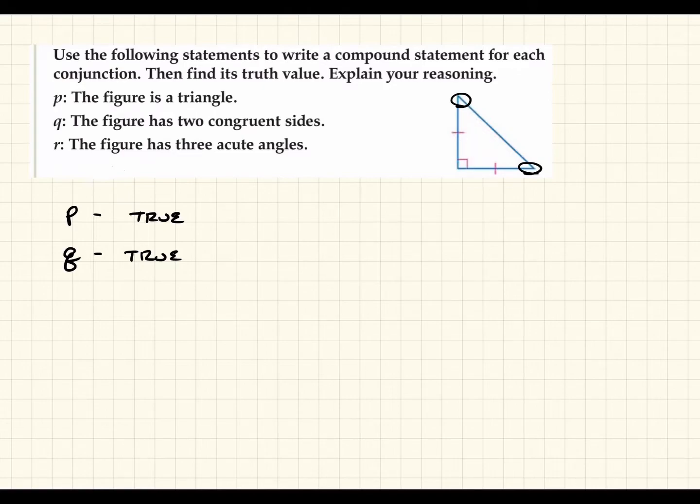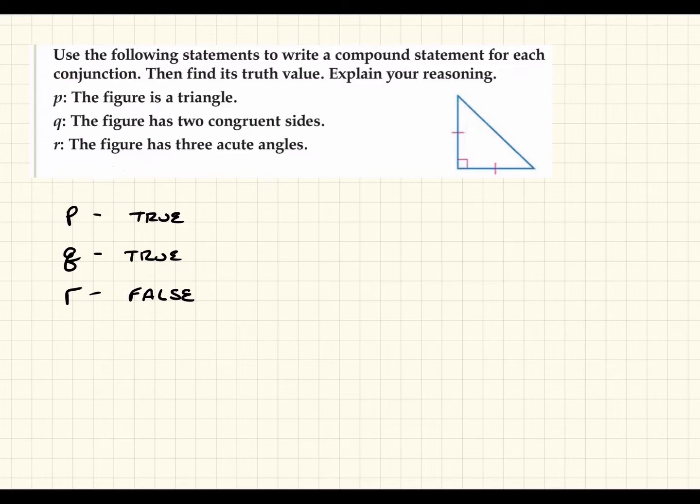So statement R is false. We can mark that. Everybody good so far? Nothing out of the realm here, no holy cow, what's he talking about. All we know is that statement P is true, statement Q is true, statement R is false.